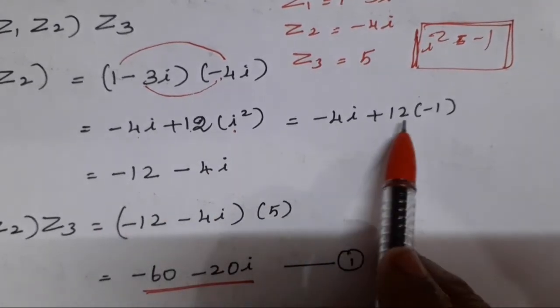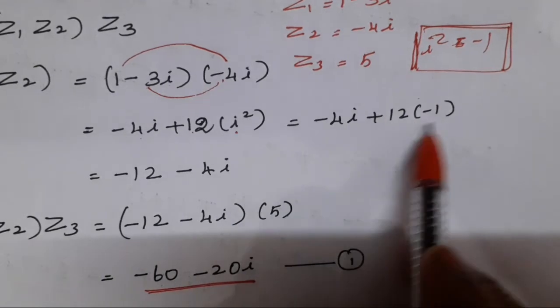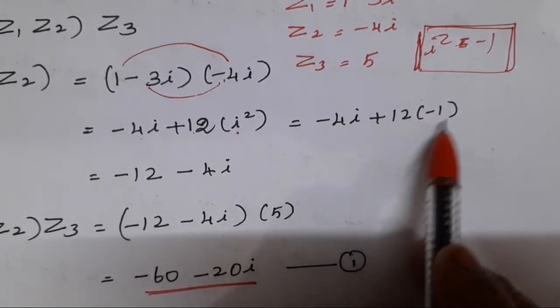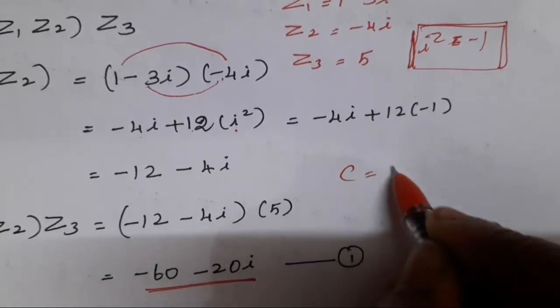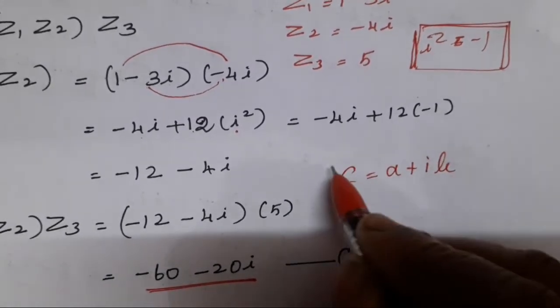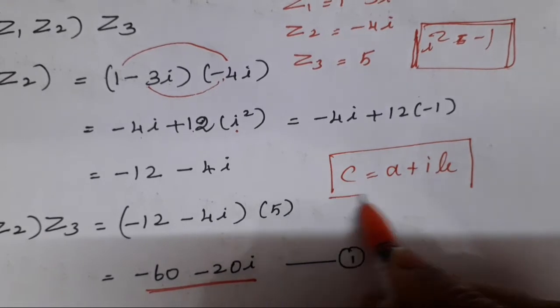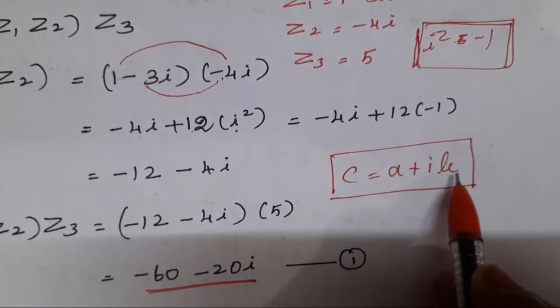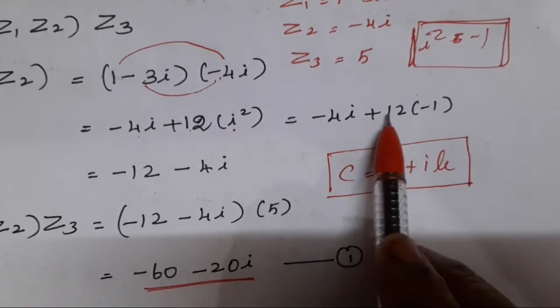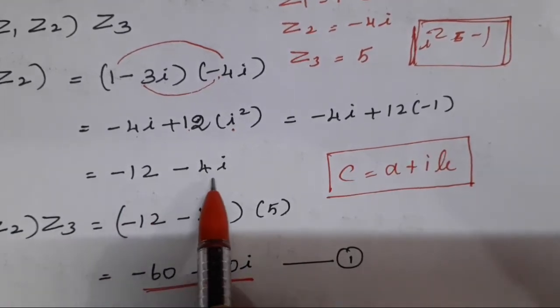What happened? Minus 12. Because first always rewrite the real part. This is the standard form of a complex number, a plus ib, where a is the real part. First always write the real part, and after that write the imaginary part. So Z1 into Z2 is minus 12 minus 4i.